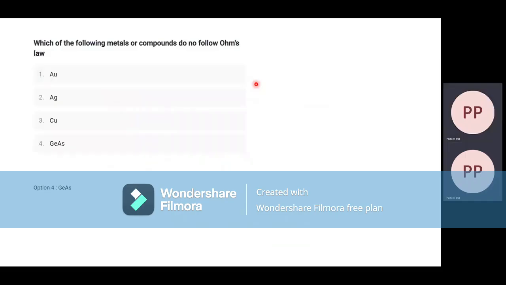Next is, which of the following metals or compounds do not follow Ohm's law? So it's simply germanium arsenide. Why? Because all the three, gold, silver, and copper, are metals. For metals, we can easily apply Ohm's law, as they have the linear IV relationship.